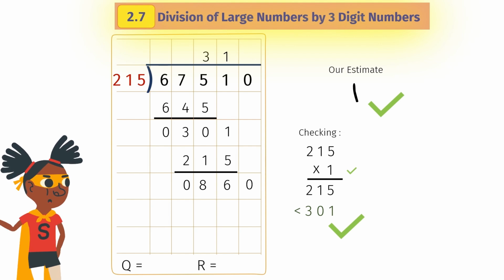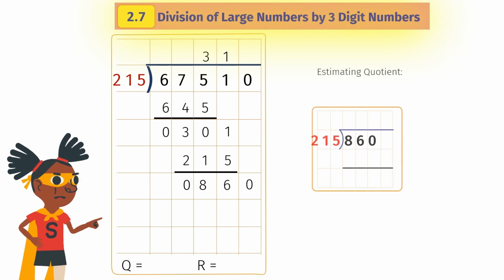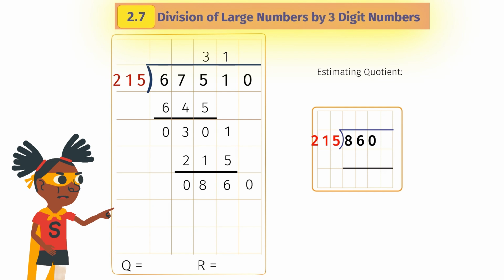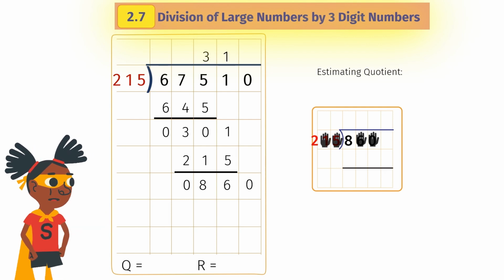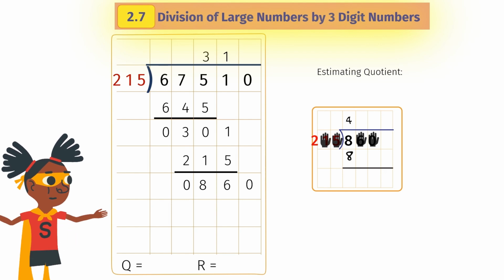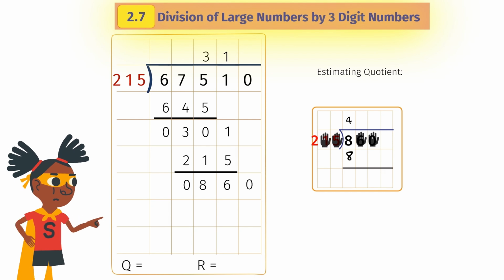Now we have to divide 860 by 215. Going by the similar process, hiding the last 2 digits, 860 by 215 becomes 8 by 2. Our estimate, then, is 4.